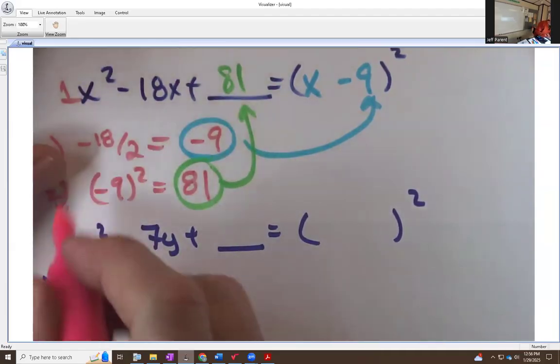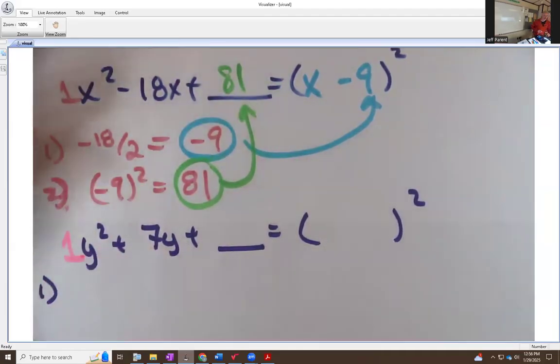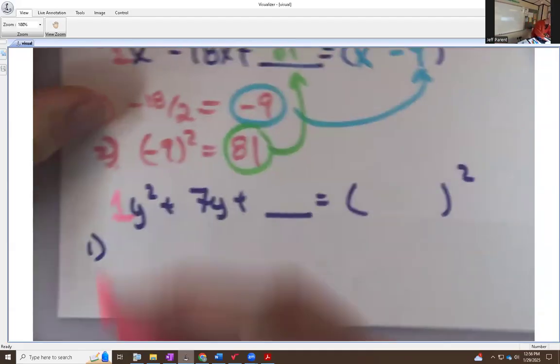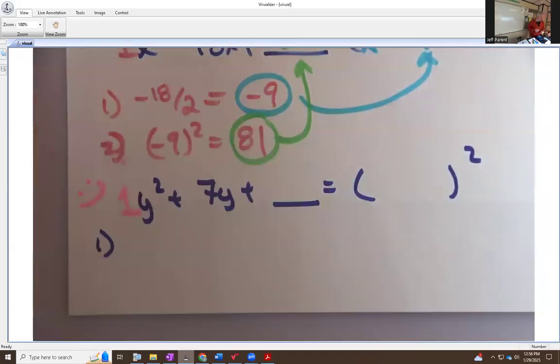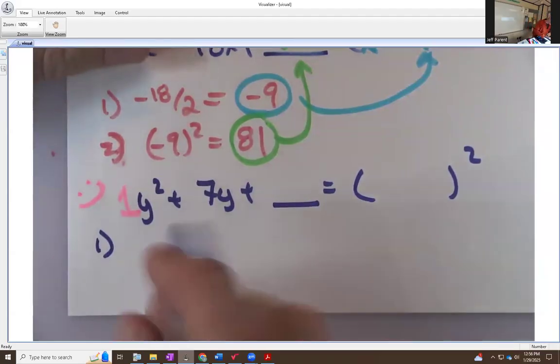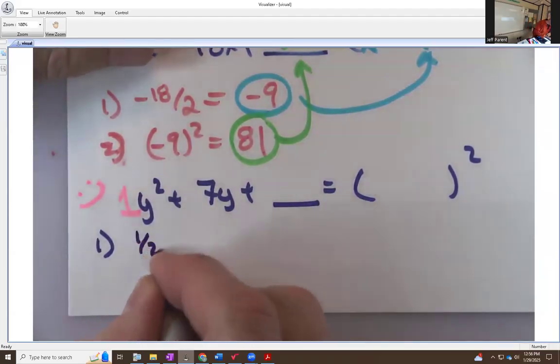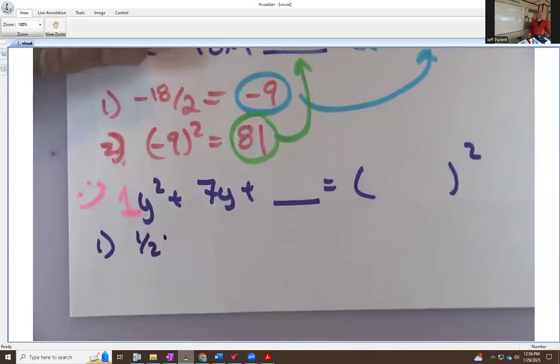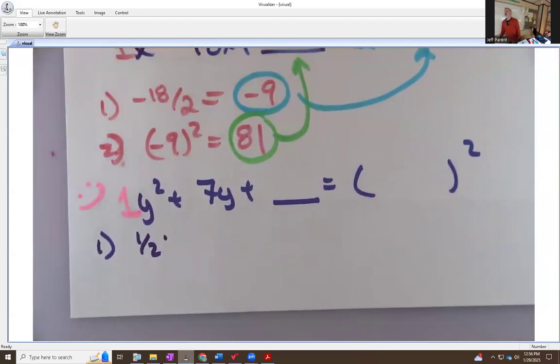Point of reference here. The coefficient of your y squared is 1. That's good. If it's not, then there's extra work you got to do. So I need to take half of what number? Half of 7.